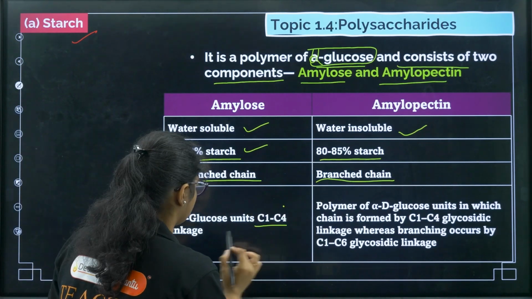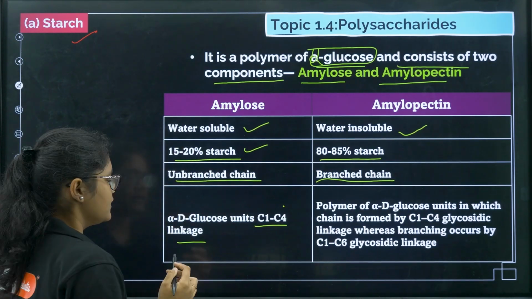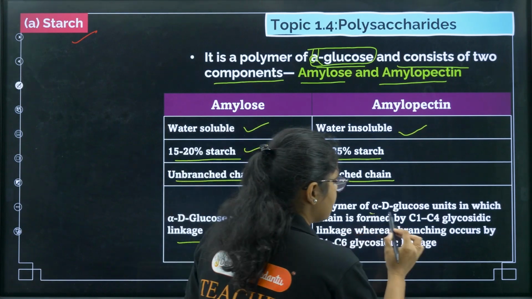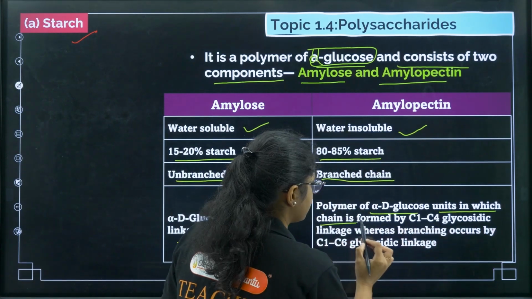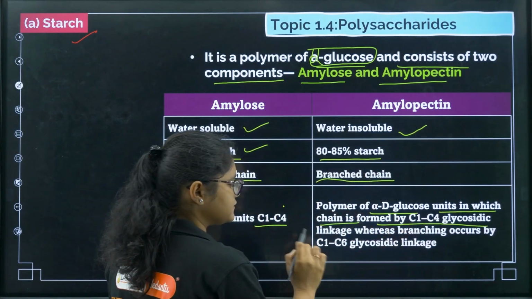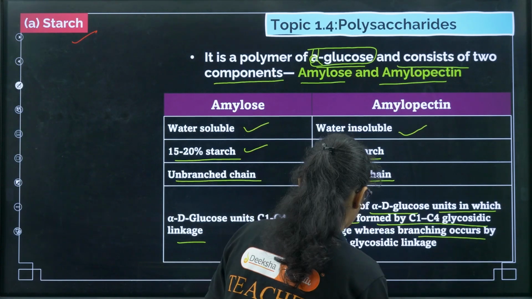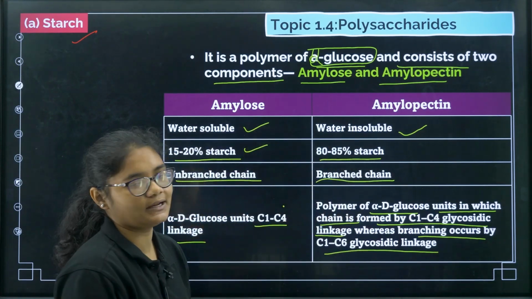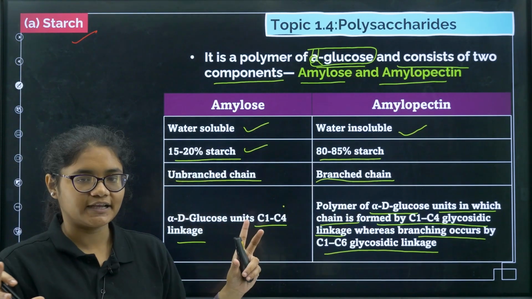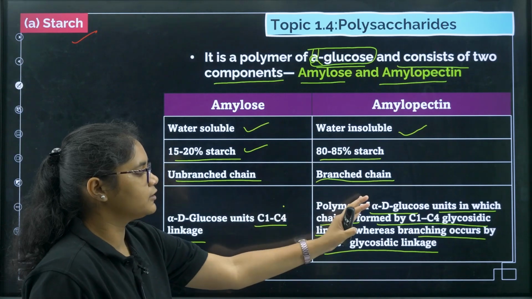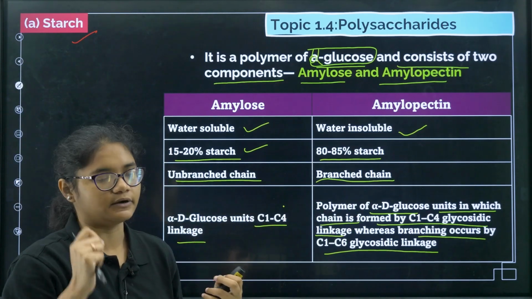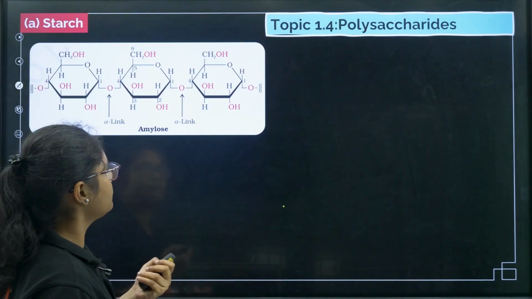Alpha D glucose C1 to C4 linkage is there. It is a polymer of alpha D glucose units in which the chain is formed by C1 C4 glycosidic linkage, whereas the branching occurs at C1 C6 glycosidic linkage. So for the linear chain it is C1 to C4, and for the branching it occurs at C1 to C6. We'll see the structure now.